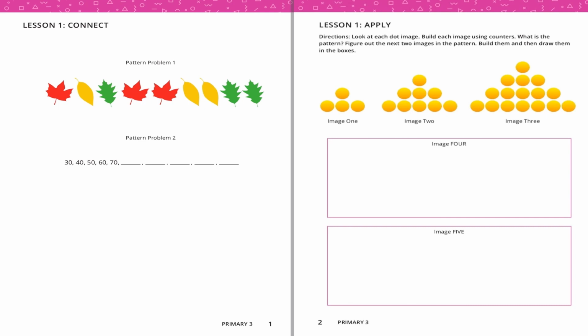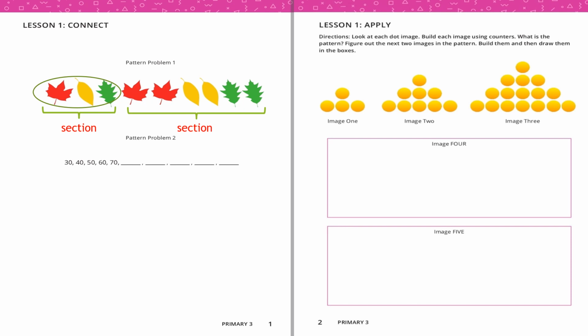Remember, the first section is red, yellow, green. The next section is red, red, yellow, yellow, green, green. What should be the third section? Red, red, red, yellow, yellow, yellow, green, green, green.